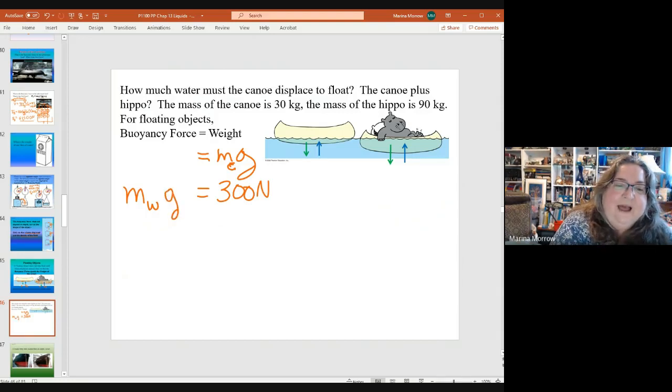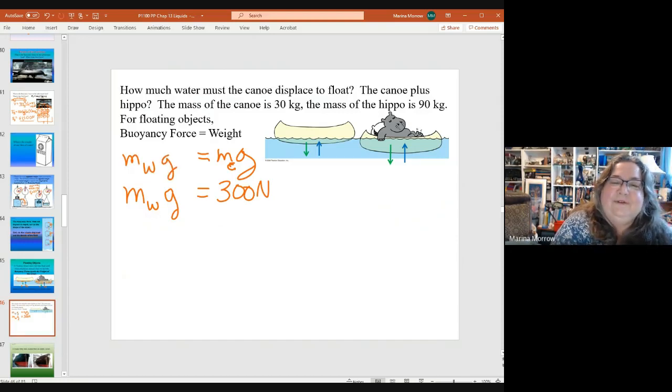Okay, so how much water must be displaced? Well, for fresh water, or for any water, we must also need 300 newtons of water. So the buoyancy force is the weight of the object.